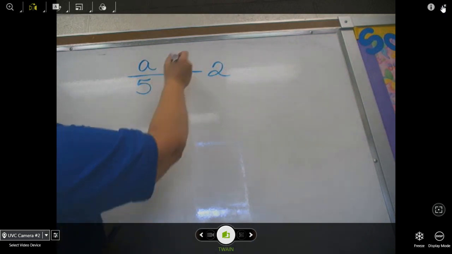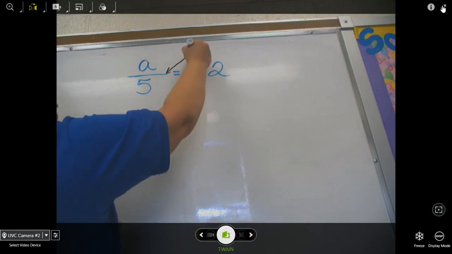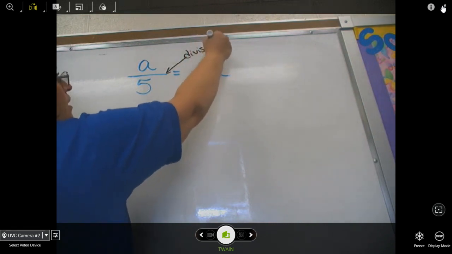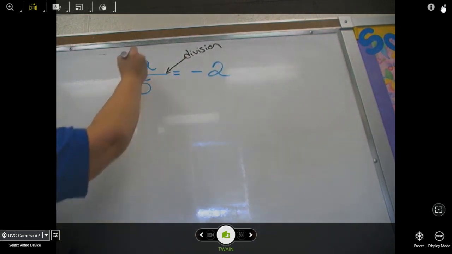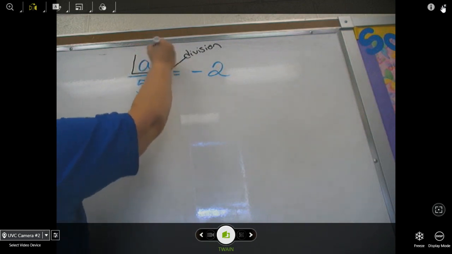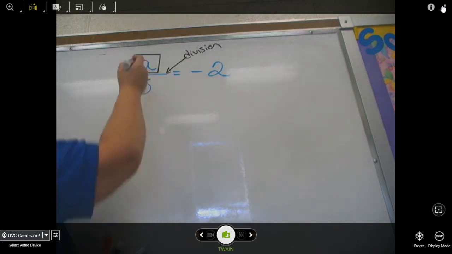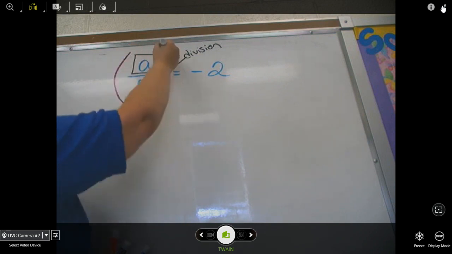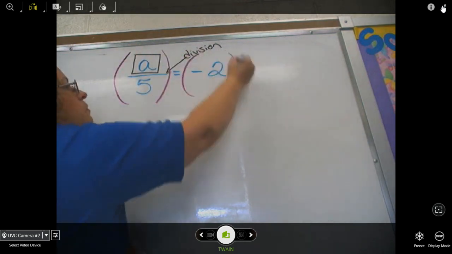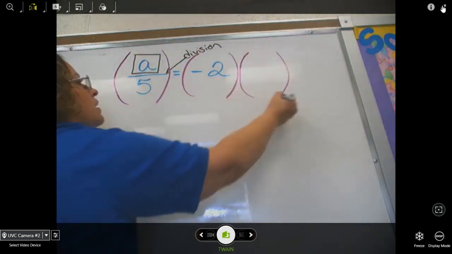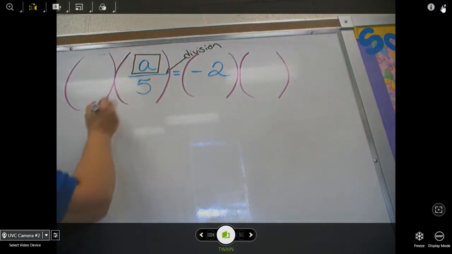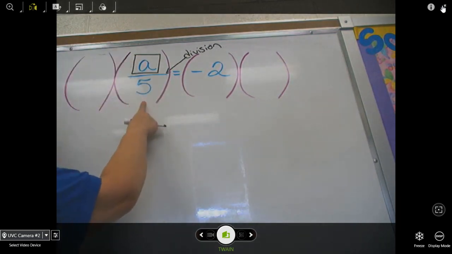So this right here is division. So the opposite is multiplication. Now remember, we got to quarantine the variable. We have to social distance, so we got to get everything away from it. So the inverse of division is multiplication. So I'm going to multiply both sides by whatever's in the denominator.